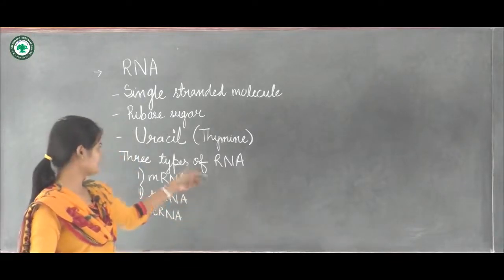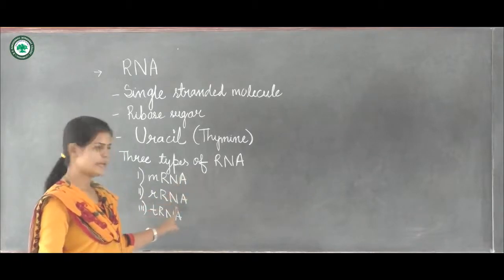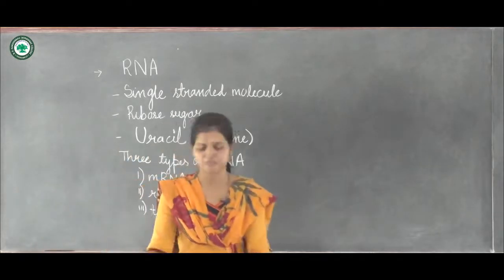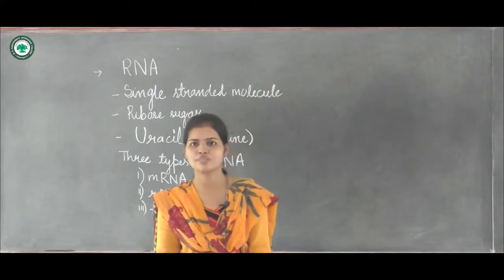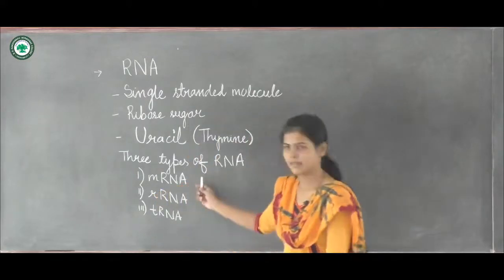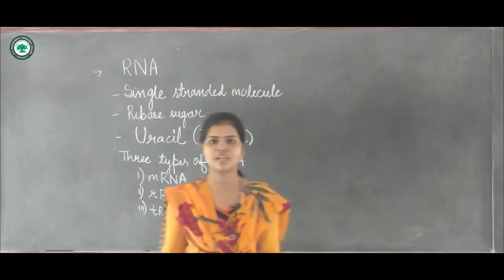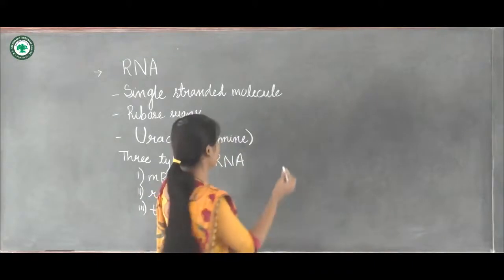So these are the three types of RNA which are present in a cell. Now we are going to see the structure as well as the function of these three RNAs. Let us first start with the first, that is mRNA.